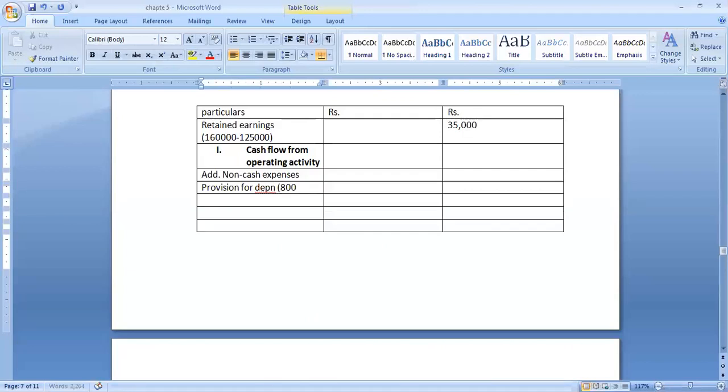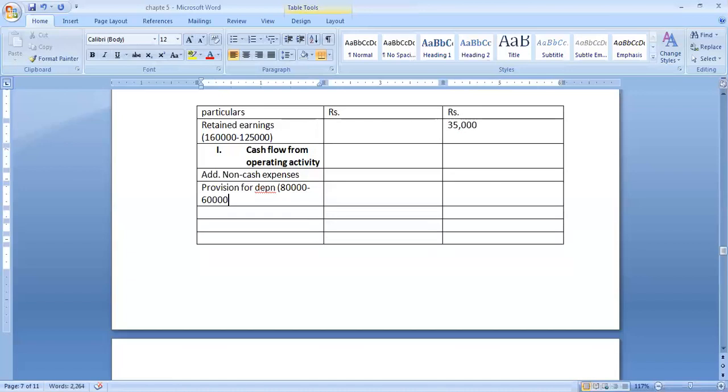Fine. Here it is 80,000 minus 60,000. So what is the value you got? It is 20,000. Fine. It is a provision for depreciation. And also take, there is a dividend paid. So what is the value cash dividend paid is 25,000.